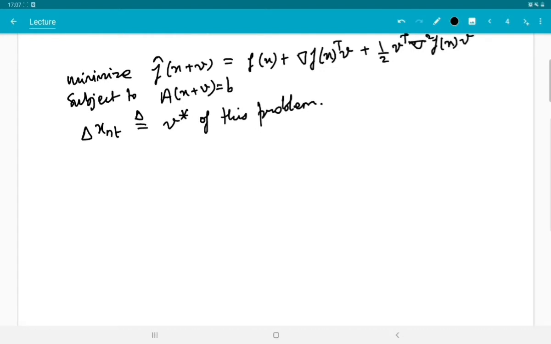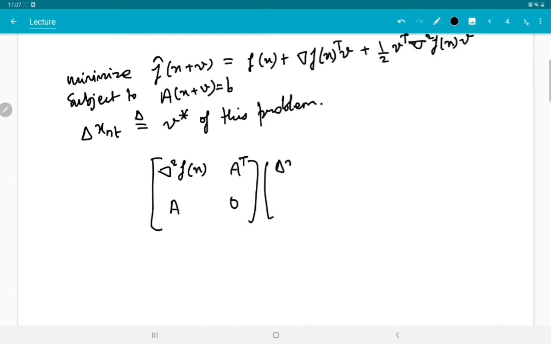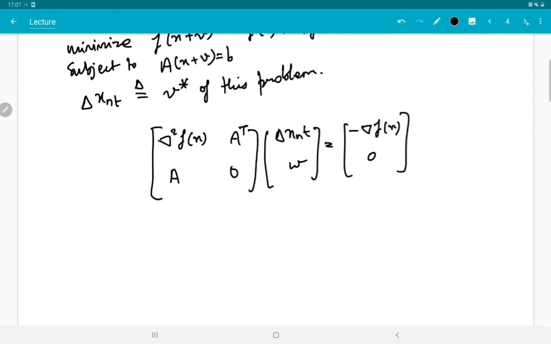So we can just write down the KKT conditions in the matrix form that we did in the dummy problem. This will be del squared f(x), A transpose, A, 0, times delta x nt, w, equal to minus del f(x), 0, where w is the dual optimal.